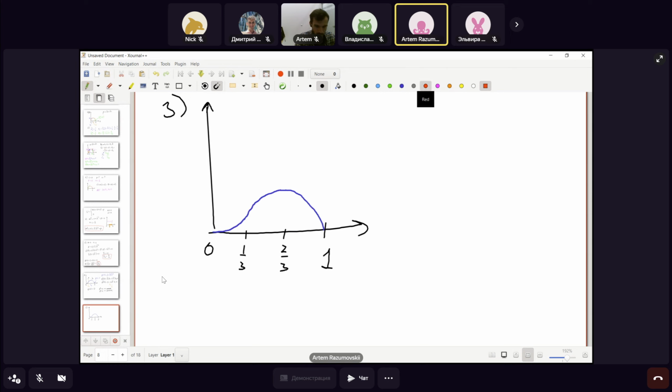So we know that the maximum point here is in 2/3. So what will probably change if we add A and V back?